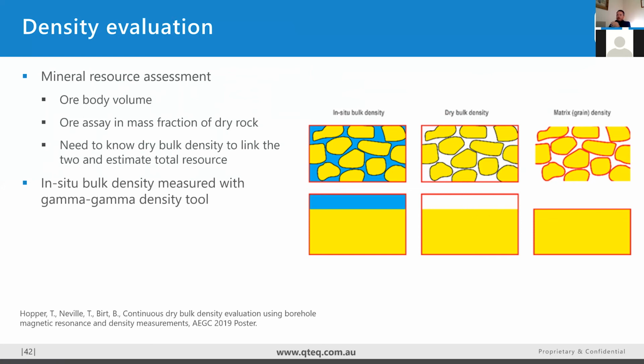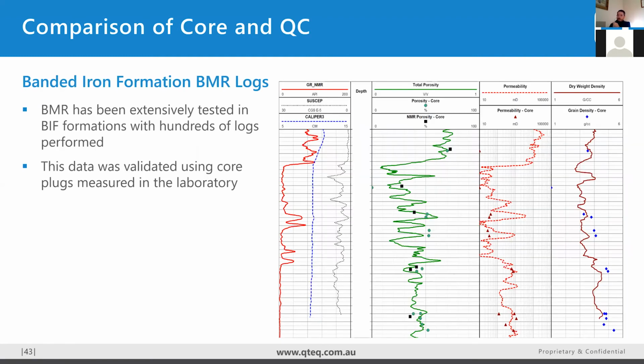So basically, if we subtract the volume and the density of water, we can calculate the dry bulk density, which you can start using for your ore assessments, information to feed into your crushers, things like that. So if you know your density and you know your porosity, you can calculate both of these things and get a continuous log of them instead of sending them off to a laboratory.